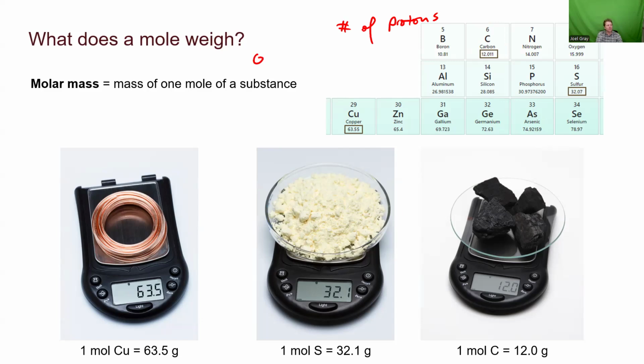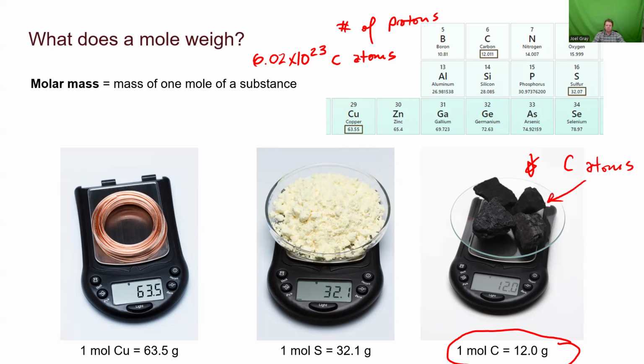So if you had 6.02 times 10 to the 23rd carbon atoms, they would have a mass of 12.011 grams, which is what's displayed right here. Here is that charcoal, basically. That's 12.01 grams. Go ahead and take a wild guess as to how many carbon atoms are here.